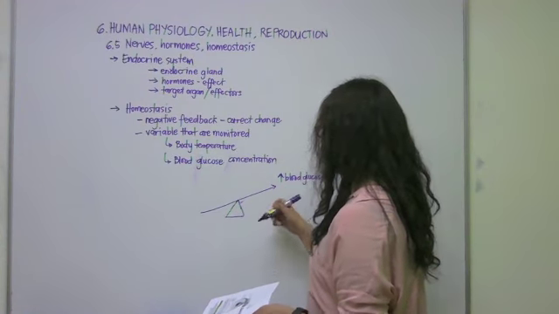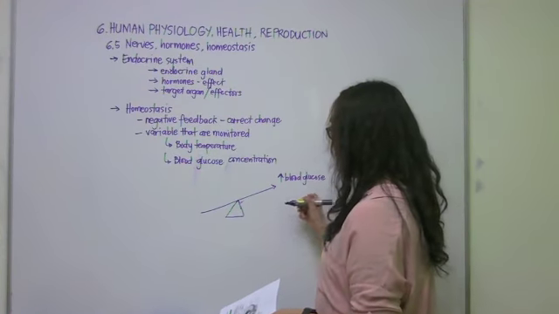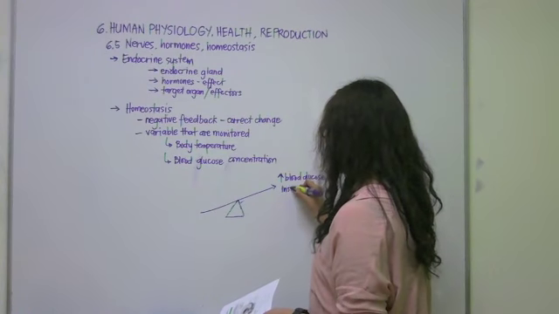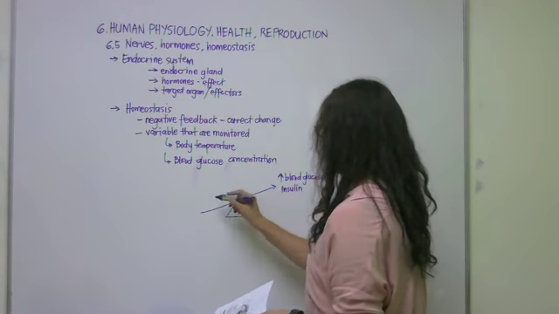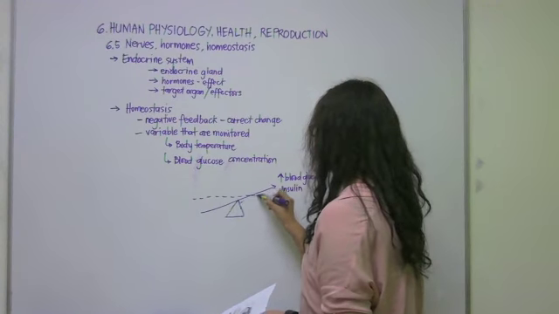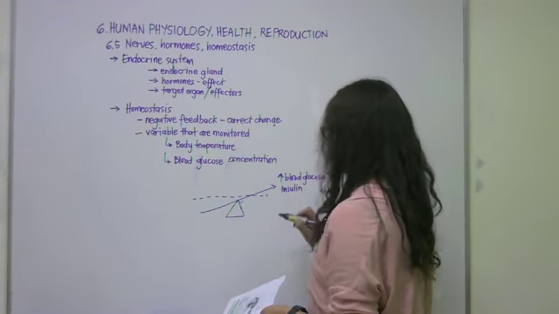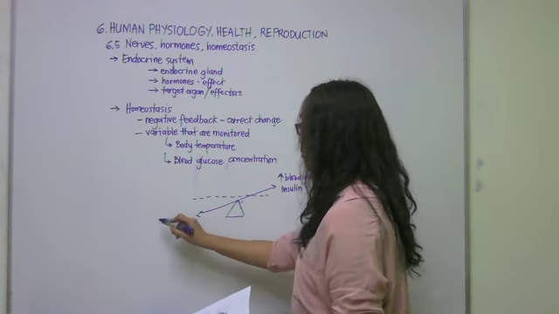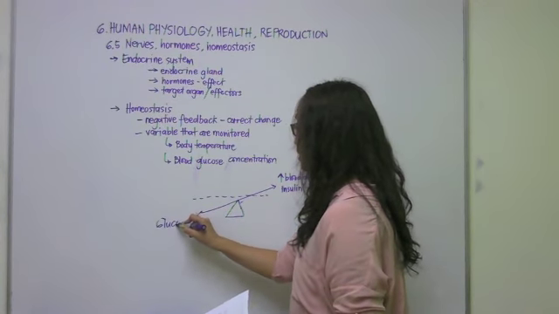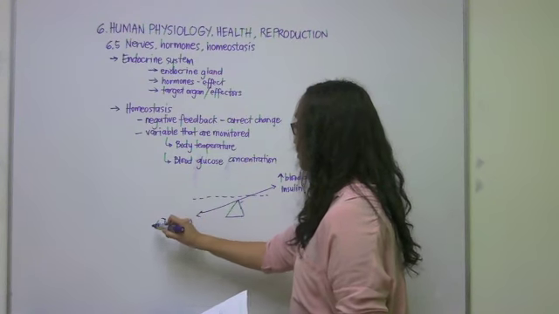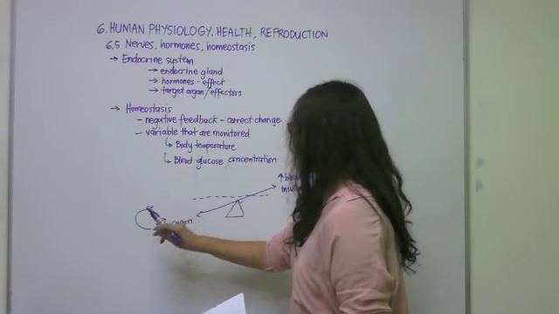So here, if the blood glucose levels are high, then insulin is going to be released, so that it's going to be returned back to normal. If the blood glucose is low, then glucagon is going to be released, so that it's going to be returned.